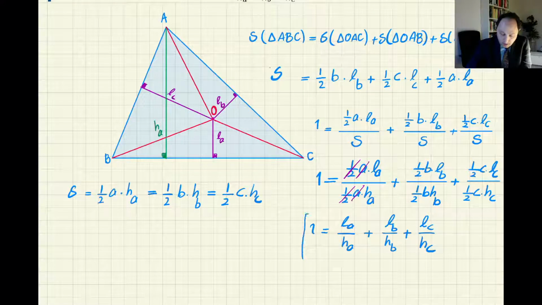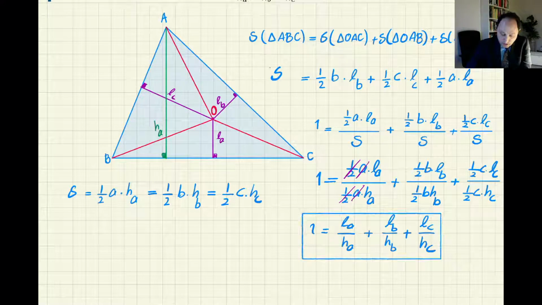And that is exactly the relation that we want to actually prove. Okay? So that is a simple problem, but you need to be a little bit more experienced and creative to be able to solve this problem. Okay?